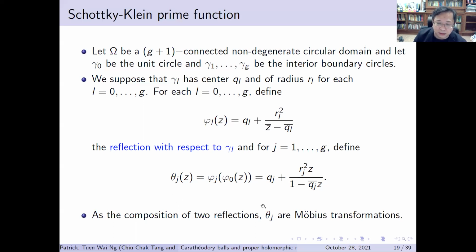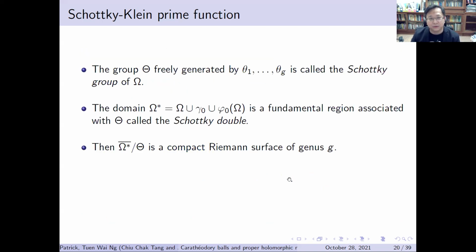So you get these theta_j, g of them, and then you make use of them to generate a Schottky group. You generate this group freely by these generators.